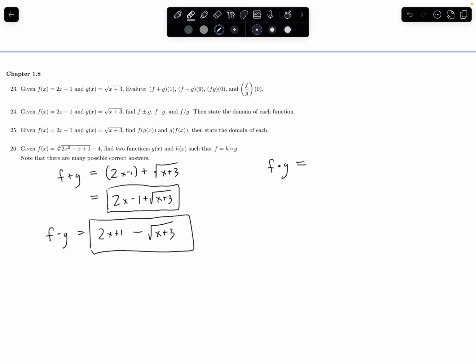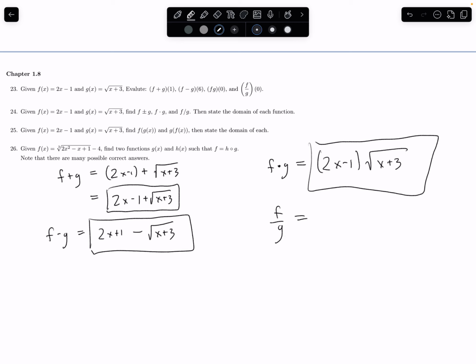Notice this is a little filled-in circle, not the open circle like the composite function one. So f times g is 2x minus 1 times the square root of x plus 3. And there's really nothing we can do with that, guys. It is just a product. I can't really simplify any further. And then f over g is 2x minus 1 over the square root of x plus 3.